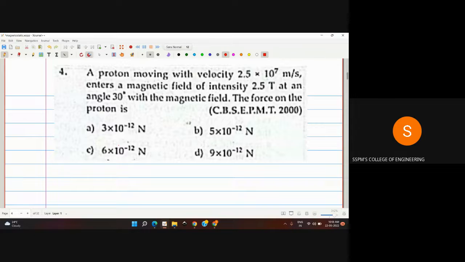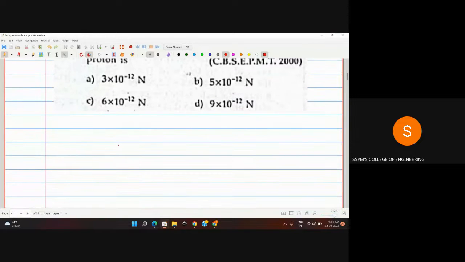Now you know the basic theory. If there is a magnetic field B and any charge placed in the medium of the B, now B is normal to the paper. This cross circle indicates the magnetic field is normal to the paper.